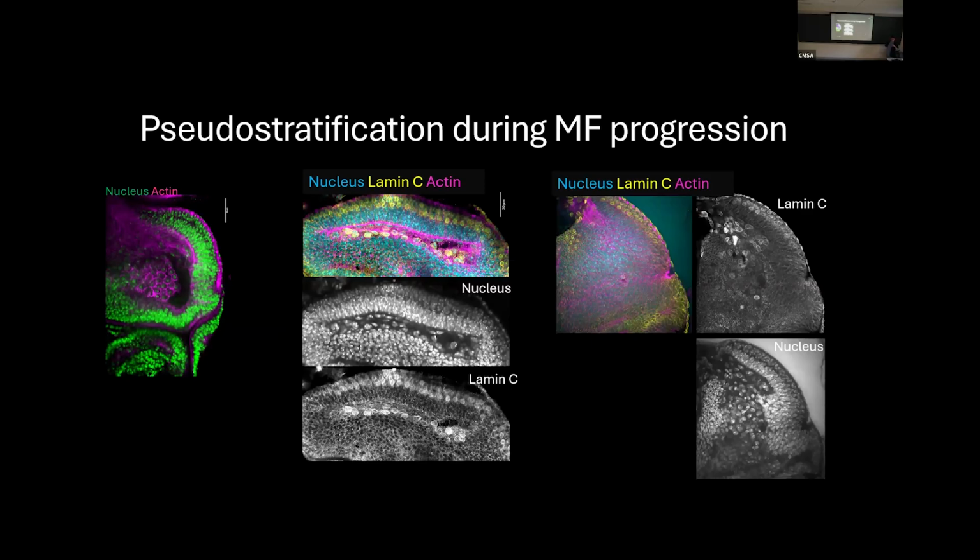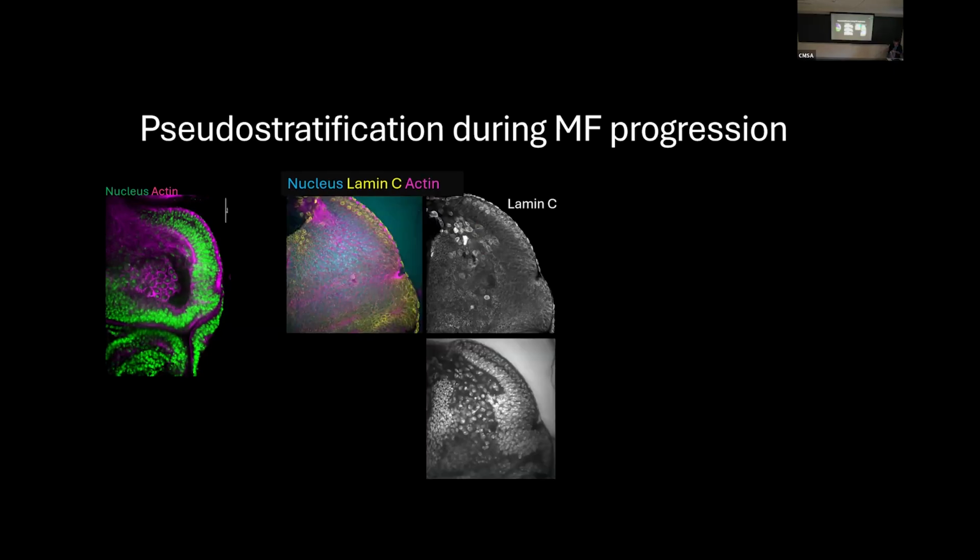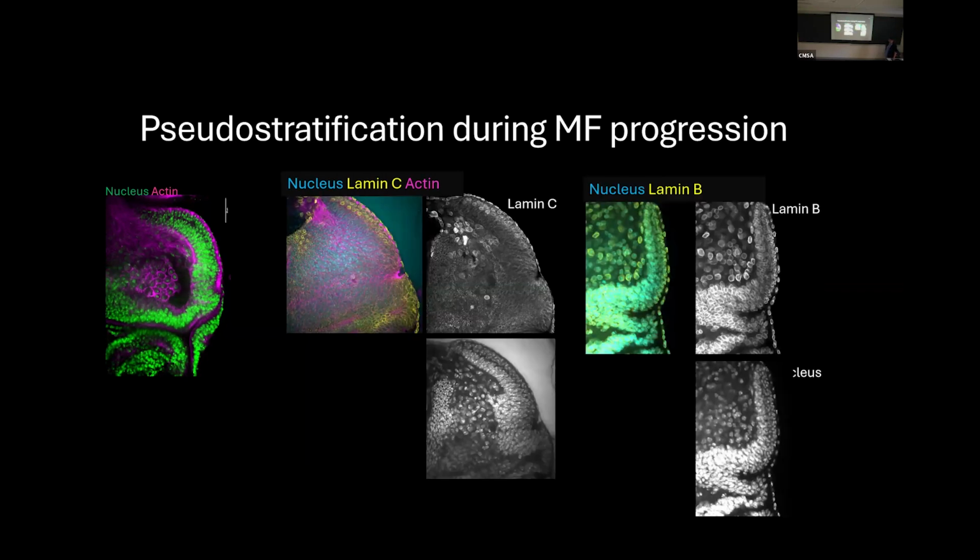This lamin C expression appears only after the furrow has passed, in the differentiated cells. So the lamin C expression and segregation of this nuclear layer starts post the furrow. Lamin B does not look any different across the segregated nuclei.